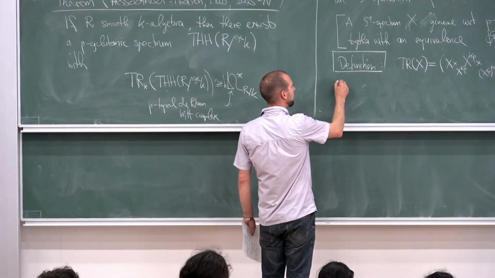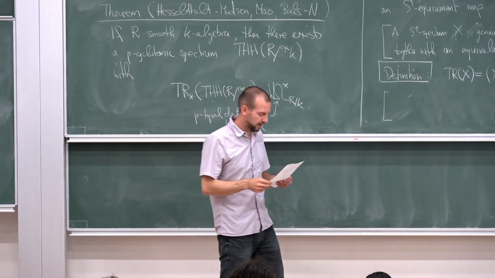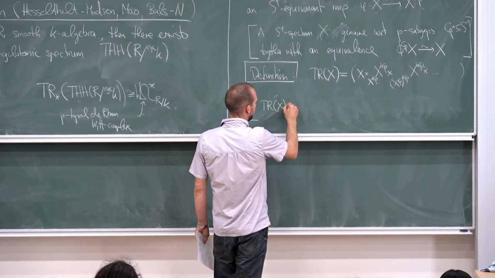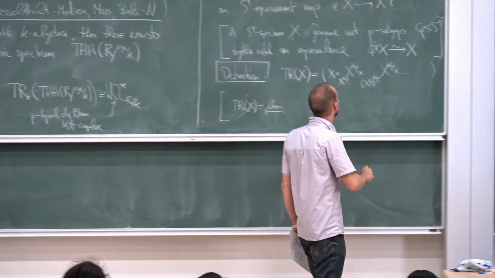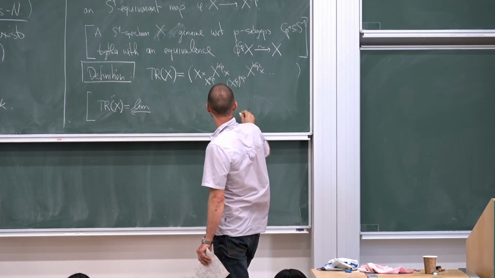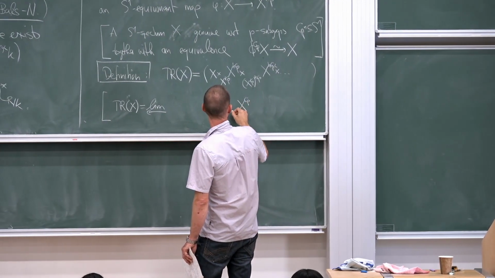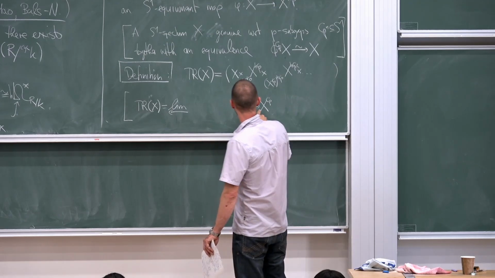And this one actually looks a little bit more nice in the bracketed perspective, where it is just given by the inverse limit over the fixed points. So if you have a spectrum X, then you can just take the fixed points. You take X, I guess, CP, and then X CP squared. And what is this map?